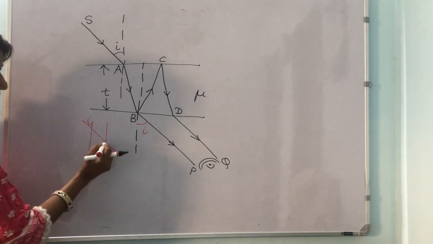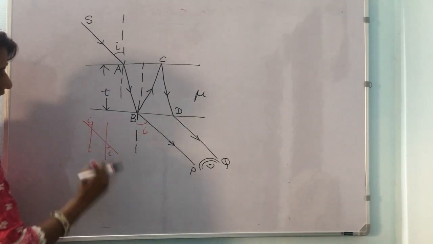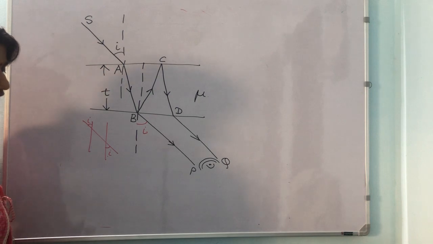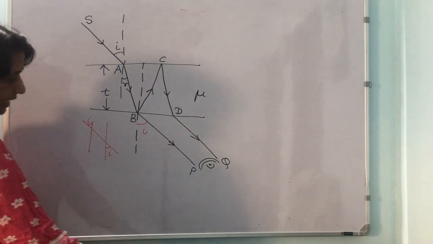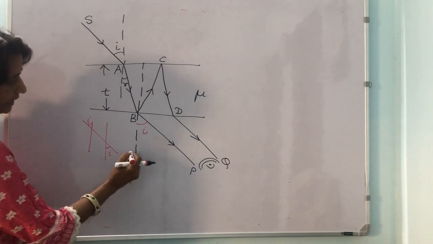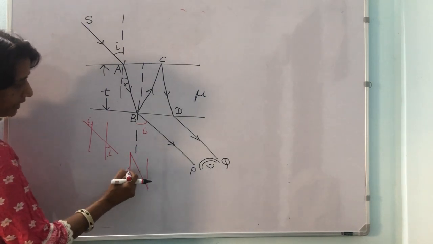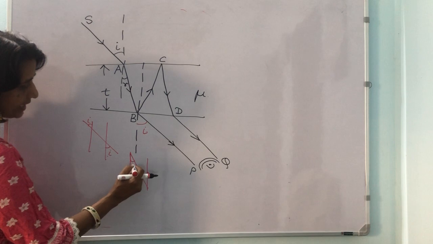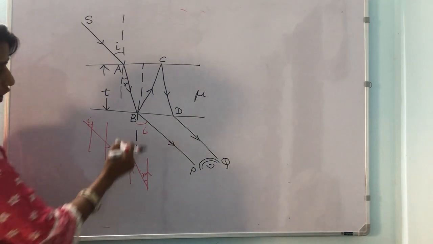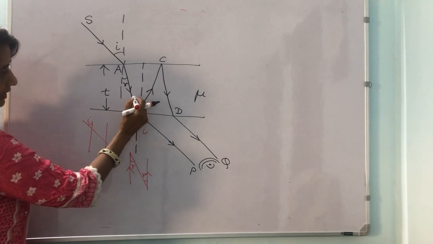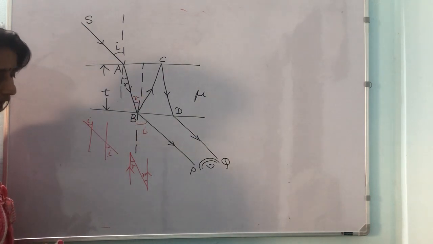So this is I and this is I. Next, angle of refraction. If this is R, then we know from maths that for two parallel lines, this angle will also become R. So if this is R, this will also become R.